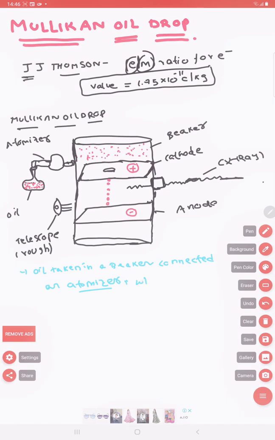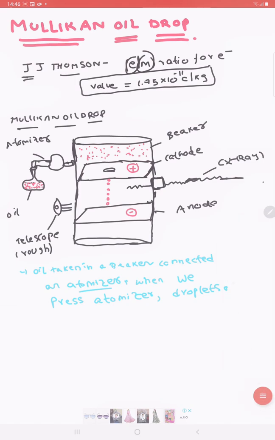When we press the atomizer, droplets of oil are observed.